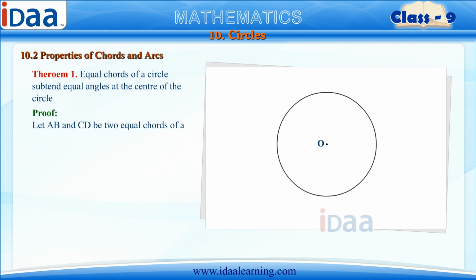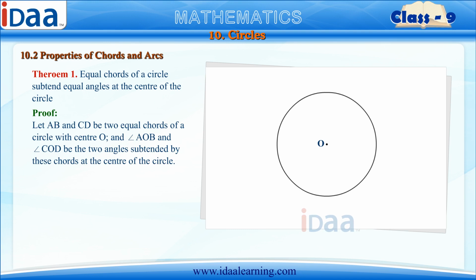Proof. Let AB and CD be two equal chords of a circle with center O, and angle AOB and angle COD be the two angles subtended by these chords at the center of the circle.